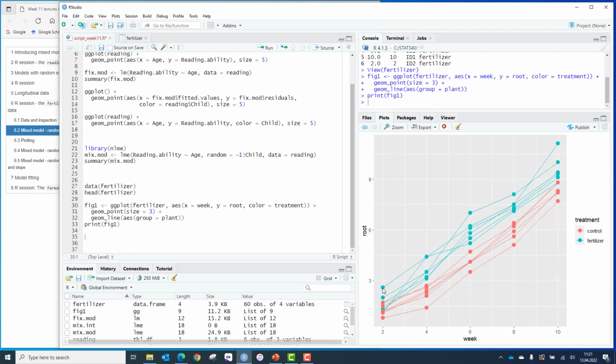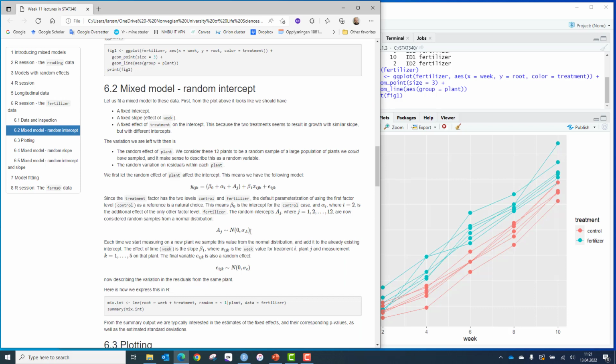So that once you start out, for instance, this one here, with a large intercept, then it tends to be large all the way through. And this one is the same, right? It starts out with a small intercept. It tends to be similarly small all the way through. So the differences that are created at the beginning stay that way all the way through. So the random effect of plant is modifying the intercept.